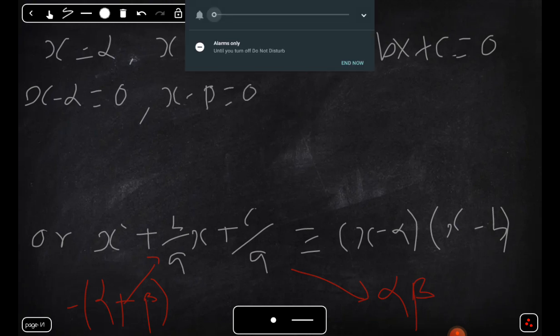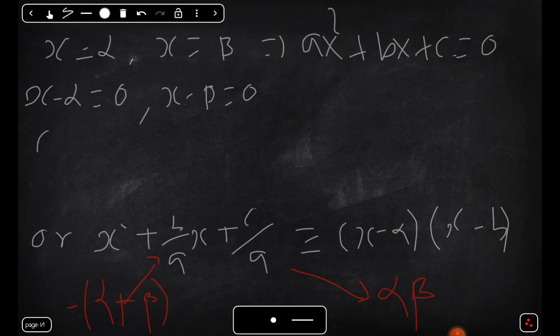So having this, you notice that this now becomes x minus alpha in bracket, x minus beta in bracket, all equal to 0.